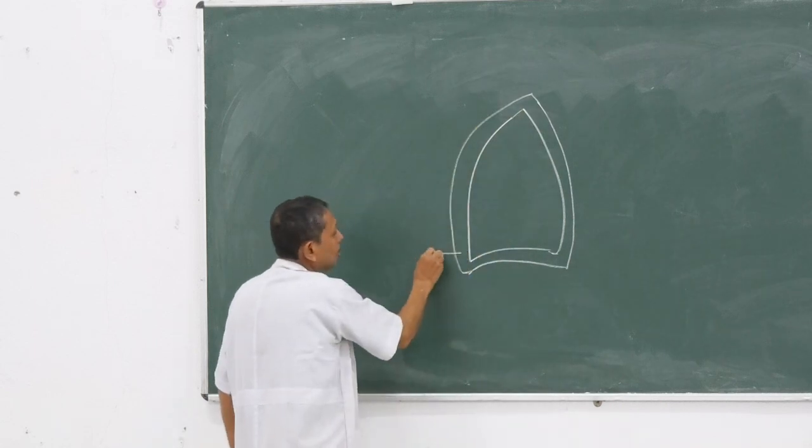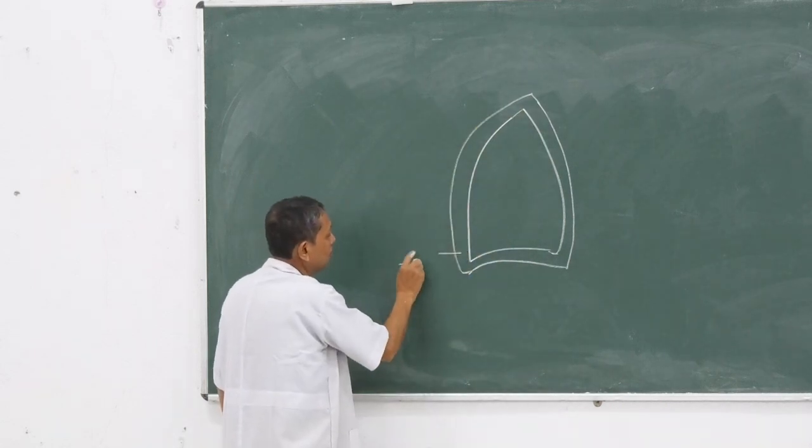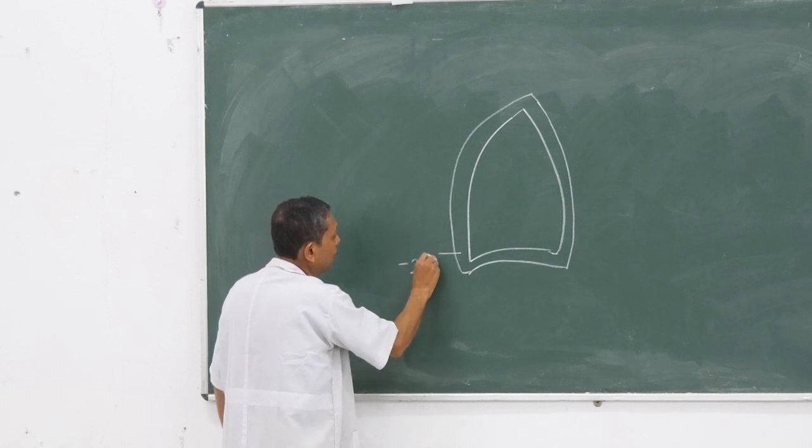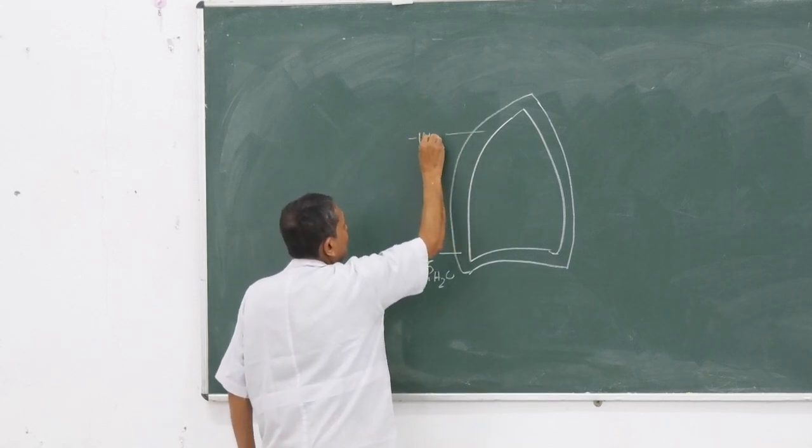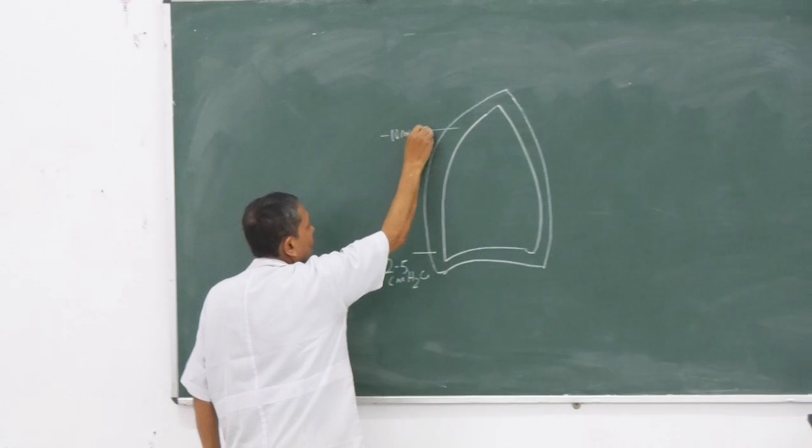At the basal part, initially the interpleural pressure is minus 2.5 centimeter of water, and at the top part it is minus 10 centimeter of water.